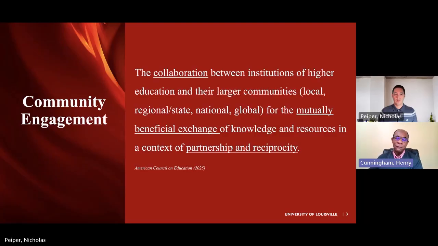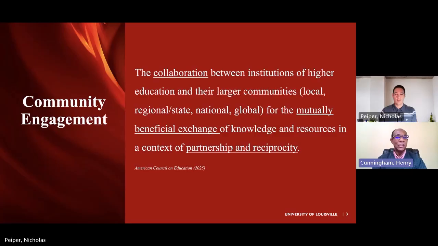But the way they define it is a little bit different from the way it's defined in the academy. I think these organizations use community engagement to refer more to community relations, which is quite different from engagement. With engagement, we're talking about bilateral work. There's a collaboration and there's mutual benefit in this work.